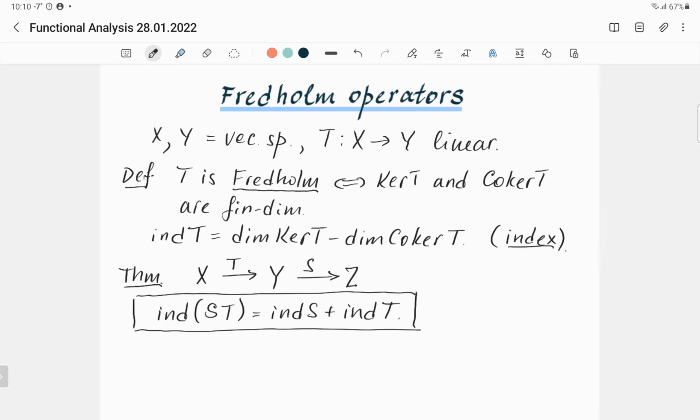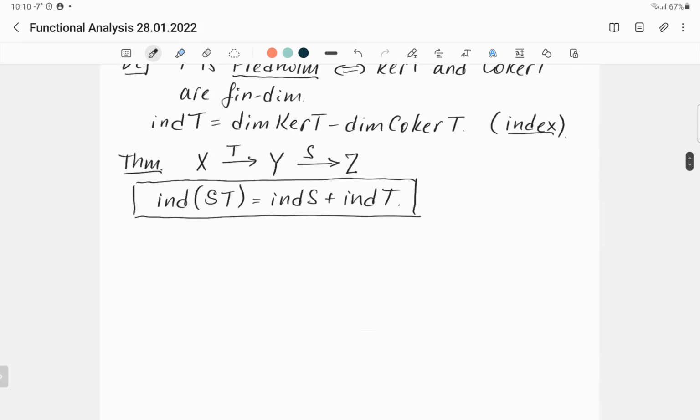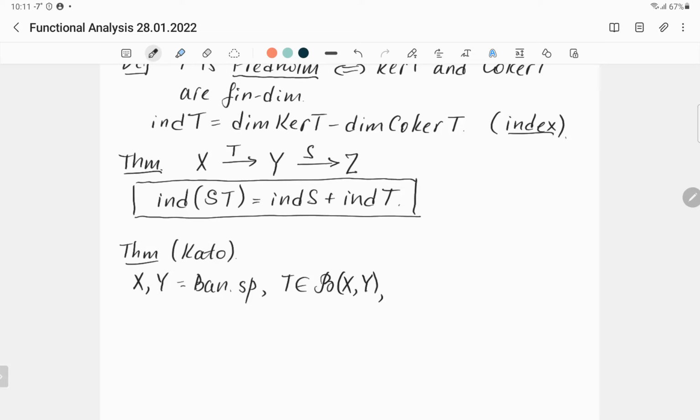Okay, so let's now concentrate on the situation where X and Y are Banach spaces and our operators are bounded. Our next result shows that the image of any Fredholm operator is always closed. Now, this result is due to Kato. So suppose that X and Y are Banach spaces, and T is a bounded linear operator from X to Y, such that the co-kernel of T is finite dimensional.